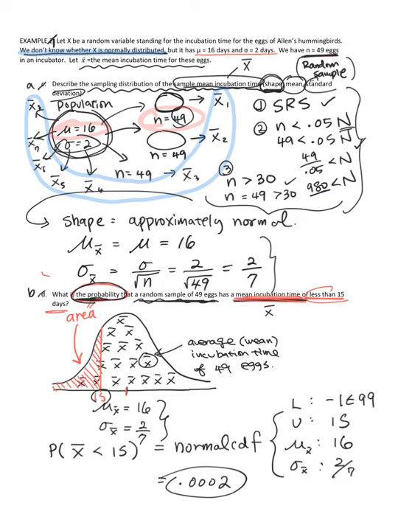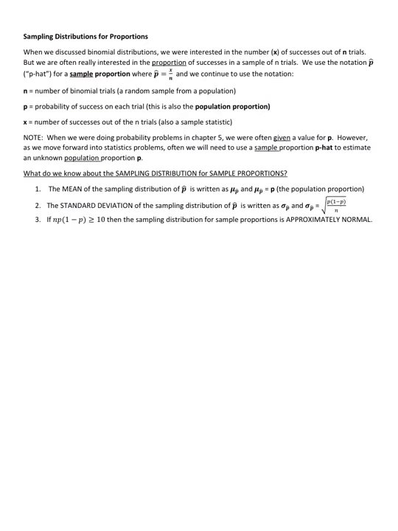Okay, cool. So let's move on to 8.2. In 8.1, we learned sampling distribution of sample means. Now in 8.2, we are going to be looking at sampling distributions of proportions.